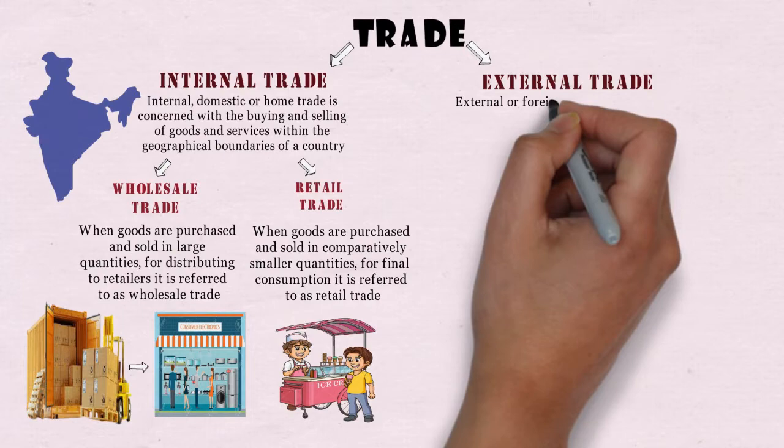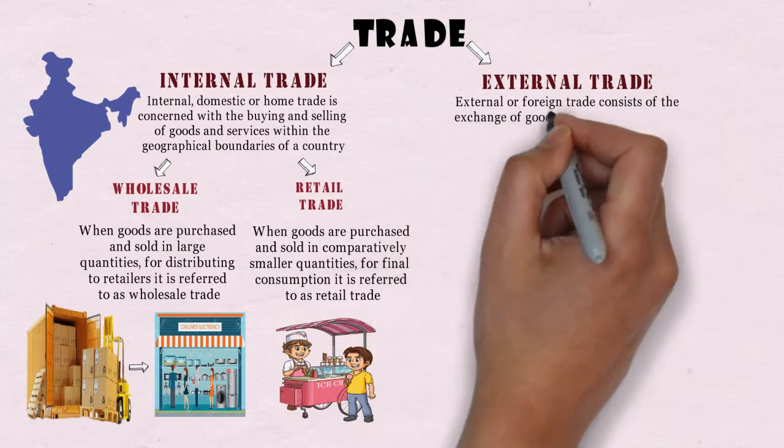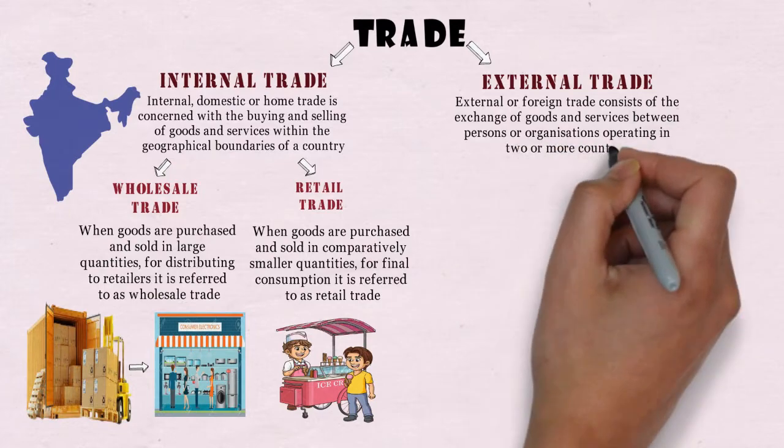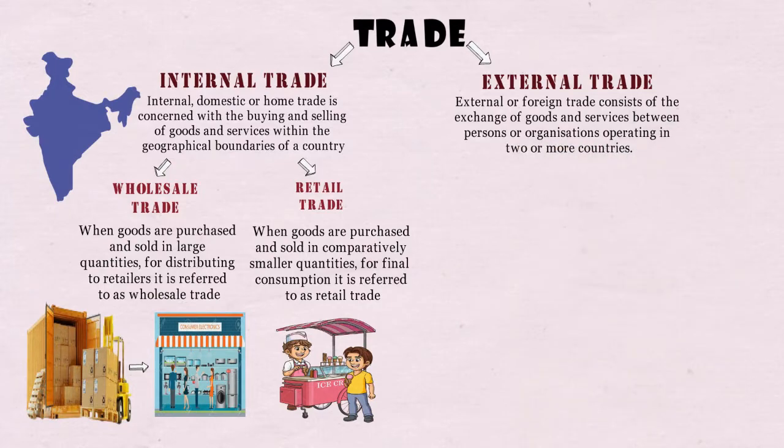Let's come back to the second type of trade, which is external or foreign trade. What does it mean? It refers to exchange of goods and services between persons or organizations operating in two or more countries. So basically, external trade is conducted all across the globe. There are two types of such trade.